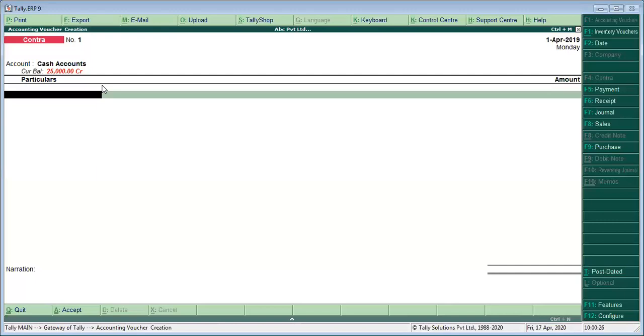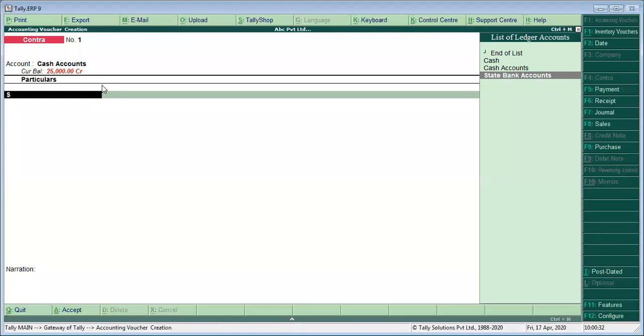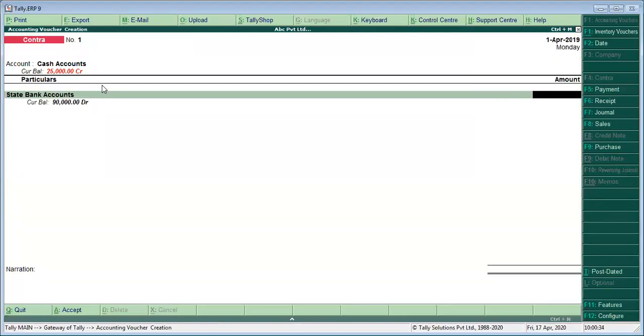And one more, here in the transaction, who is the receiver? State Bank of India. So State Bank accounts. So 90,000. So here deposit of cash 25,000 to State Bank of India. So what is the cash deposited? 25,000.